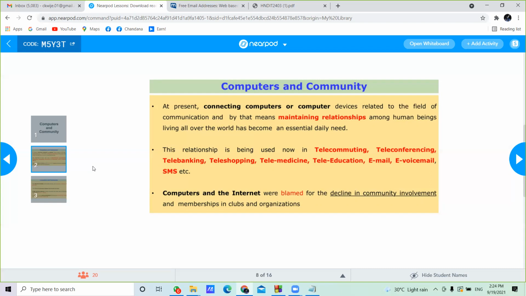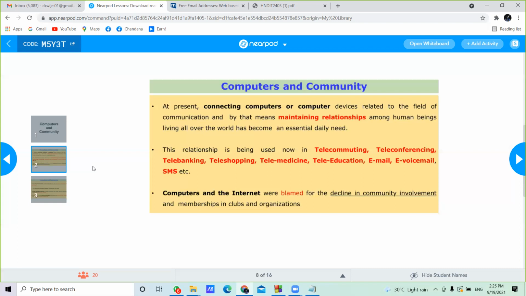Before the invention of the internet and social media, most people were used to going to clubs and organizing similar types of organizations. Because of these inventions and technology development, the members of these clubs have reduced. Therefore, they blame computers and the internet.